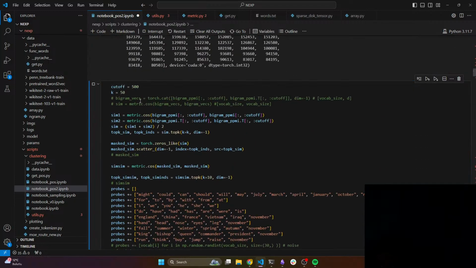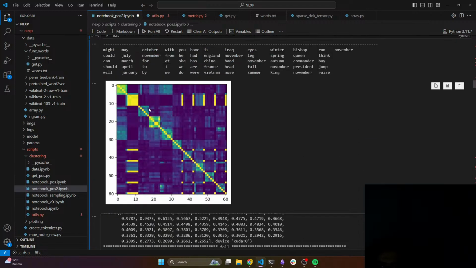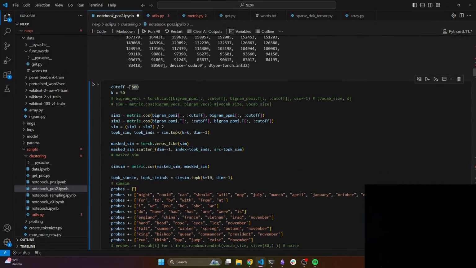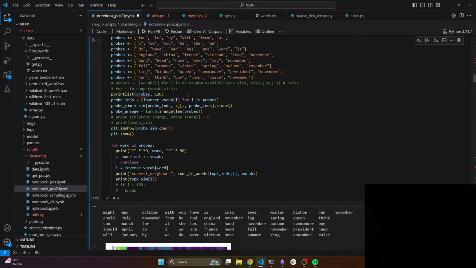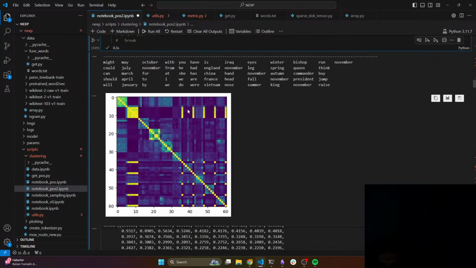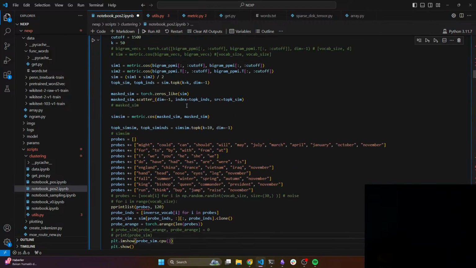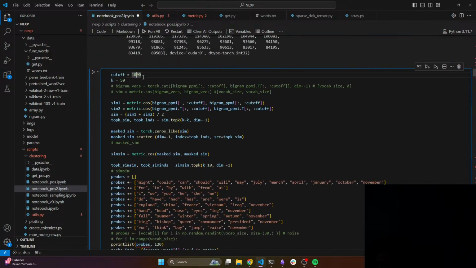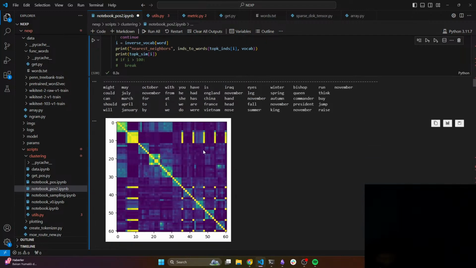Or 500 probably works too, a little bit not the best. 1.5k probably works too. But somehow 1,000 is so good looking. It's the same, to be honest. Looks the same.